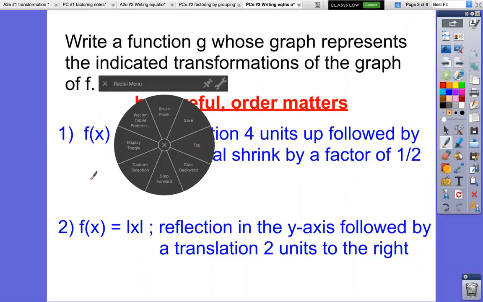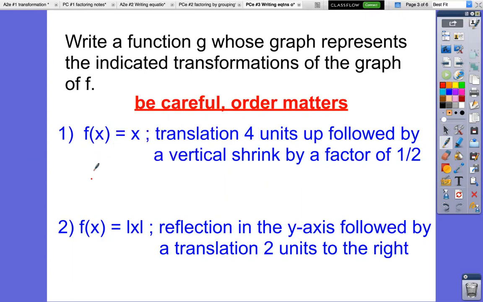Well, the very first thing it says, my apologies, is that I have a translation 4 up. And again, that's not really going to affect it, whether it's a linear equation or absolute value, doesn't really matter. But because it is followed by, after I've done that, now it is followed by, that means after I moved it 4 up, now I'm applying a shrink by a factor of 1/2.